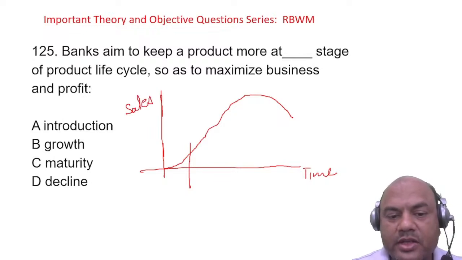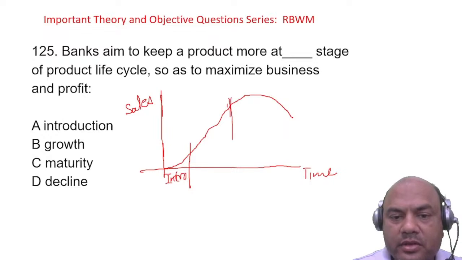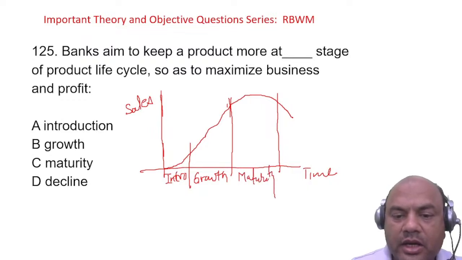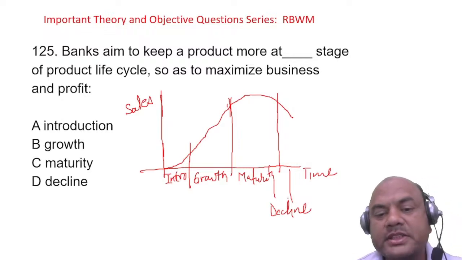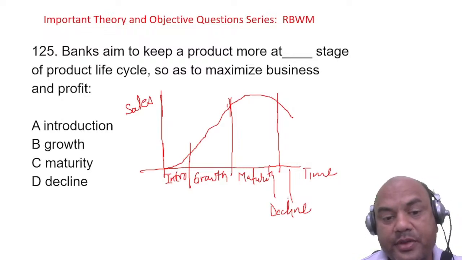This is introduction, then this is growth, then this one over here is maturity, and the last one is decline. So this is the basic PLC: introduction of the product, growth, maturity and decline.